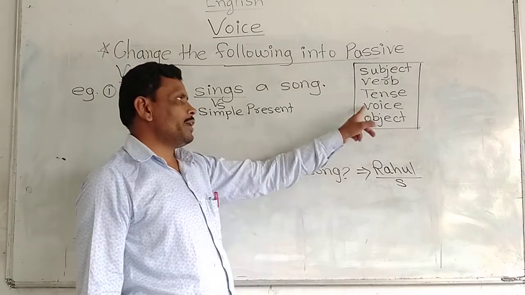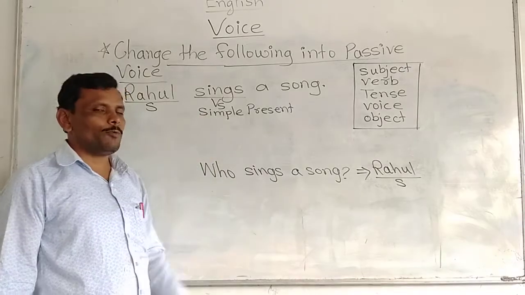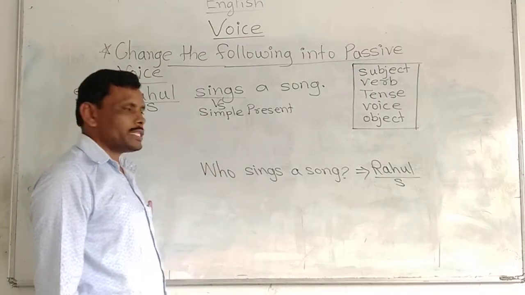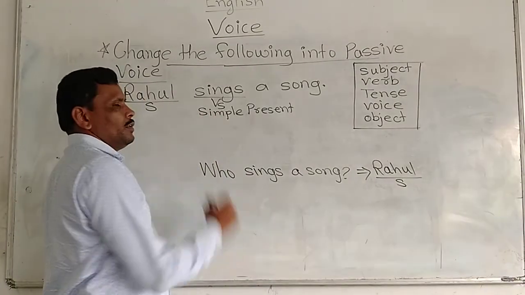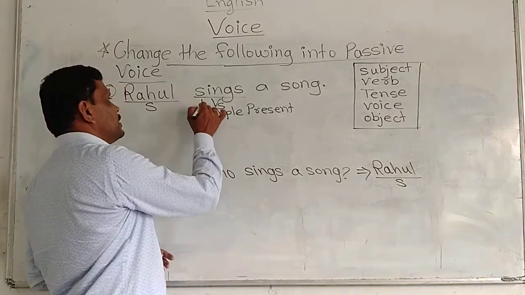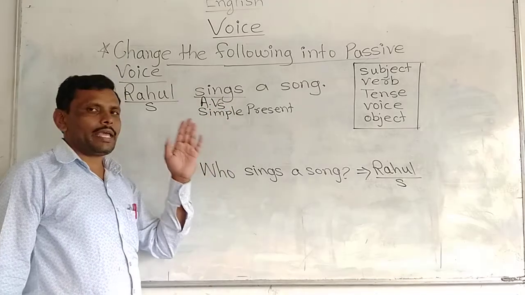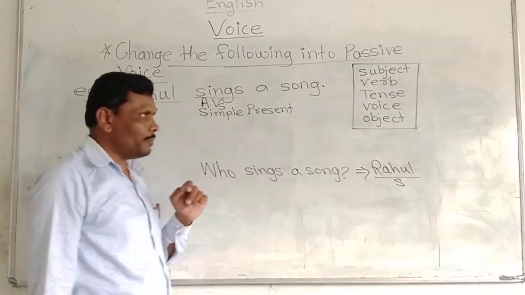Then we have to find out the voice. Is this the active form of the verb or the passive form? V1 is given in the active form of the verb, so this is active voice, correct? Sings is the active form of the verb.